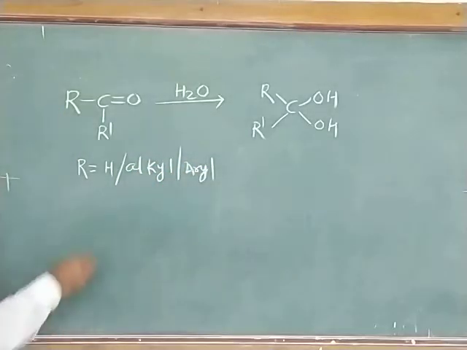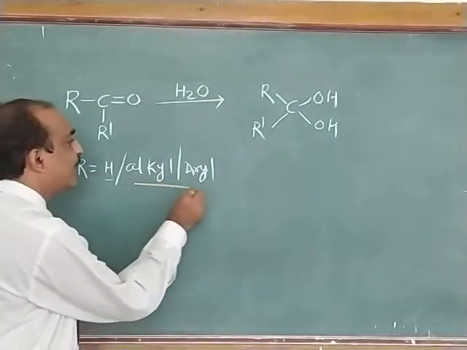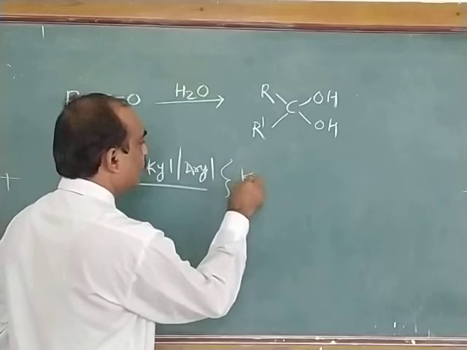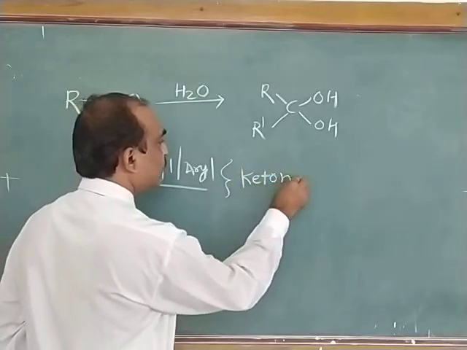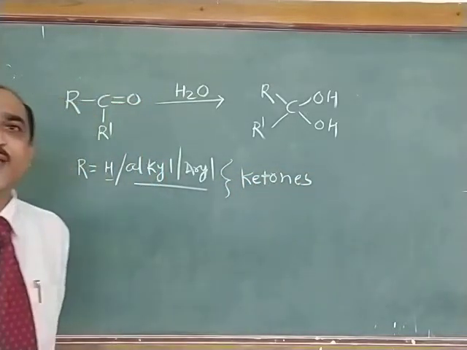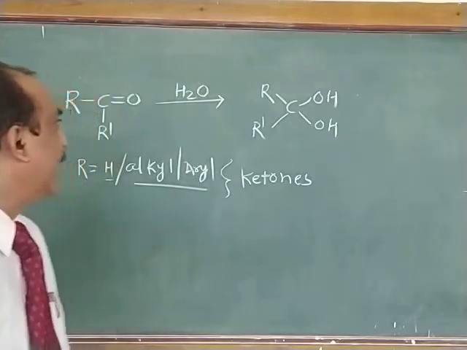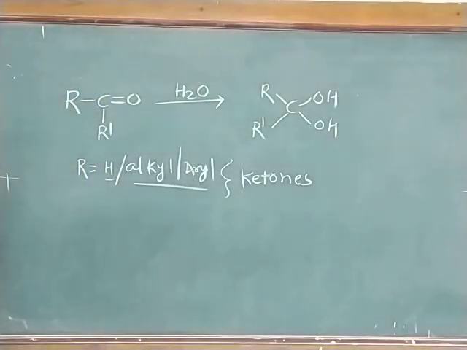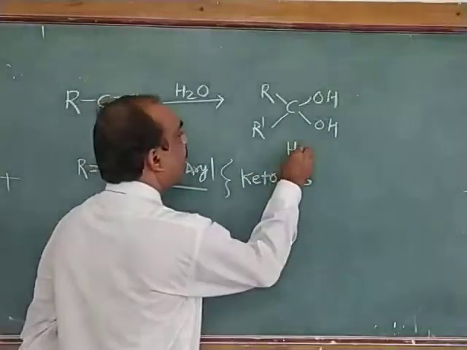If it is H, we know it is an aldehyde. If it is alkyl and aryl, then it becomes a ketone. We have already studied this in the previous year, and in this picture we are going to study only what is meant by hydrate.